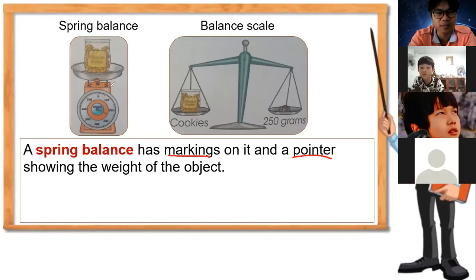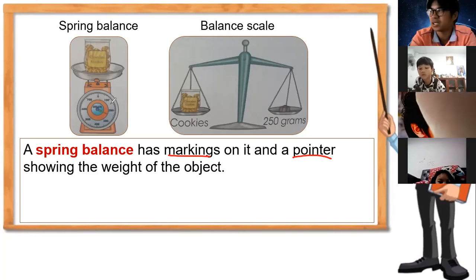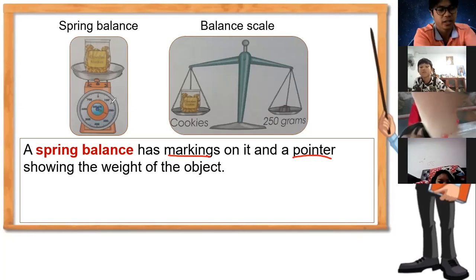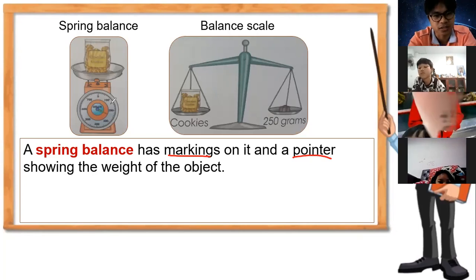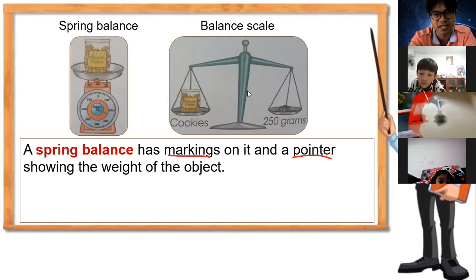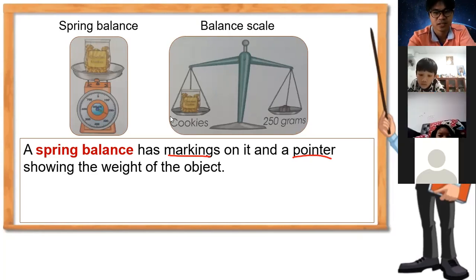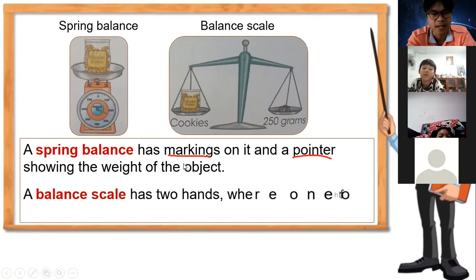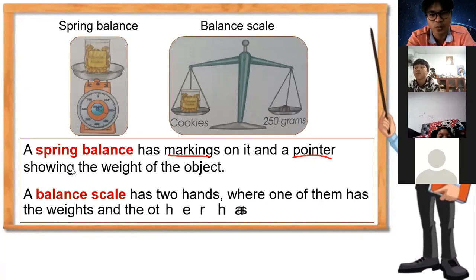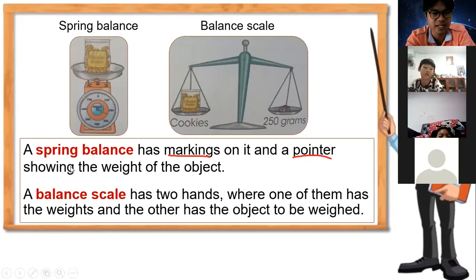And then if you put something, that's the time the pointer will move and will tell you the weight of the object. All right. And the balance scale, the other picture here, has two hands, where one of them has the weight and the other has the object to be weighed.